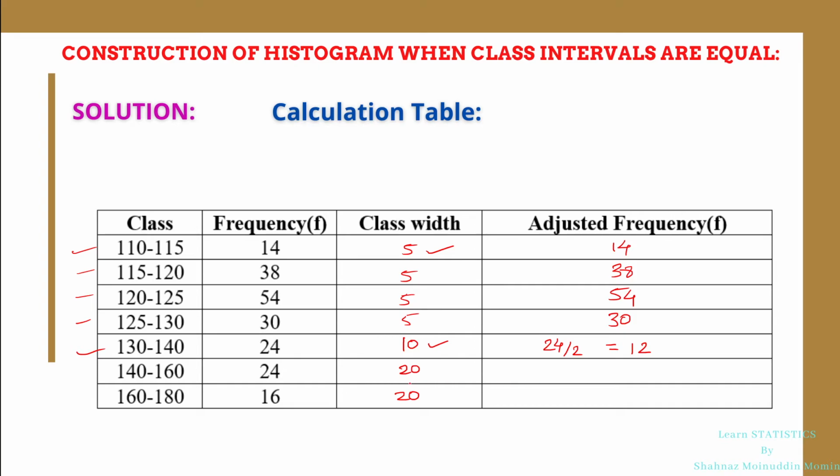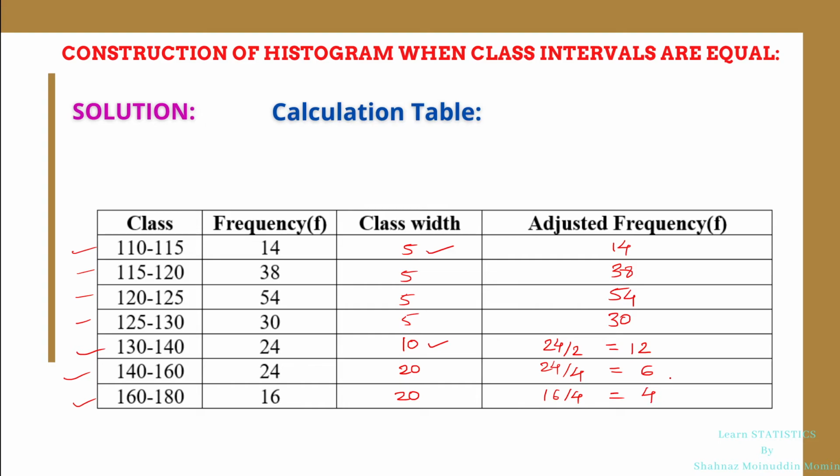Similarly, the classes 140 to 160 and 160 to 180 have the class width 20, which is 4 times the normal width 5, so I will divide their frequencies by 4. So 24 divided by 4 is equal to 6, and the last adjusted frequency is 16 divided by 4, which is equal to 4.